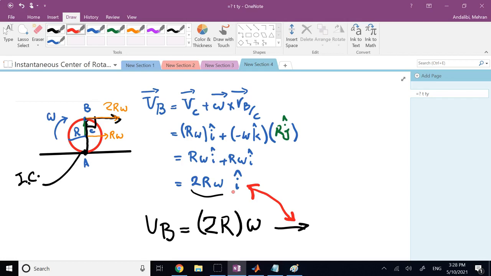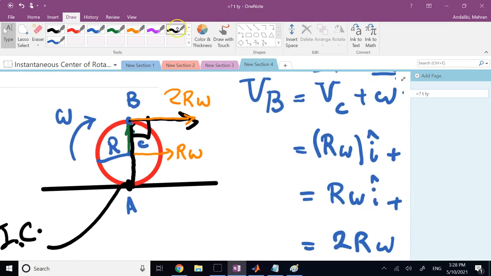Or let's say, for example, if I come back here and say, what's the velocity of, let's say, a point here? If I call a point here, let's say point D, and I say, what's the velocity of D? Well, again, you can find it through saying V of D equals V of C plus omega cross R of D with respect to C, and then you'll find it is going to be R omega I minus R omega J. Or all you can do, if you want, is to connect it to the center.